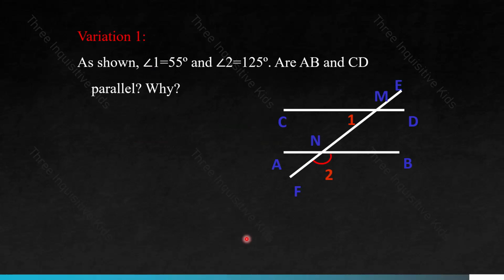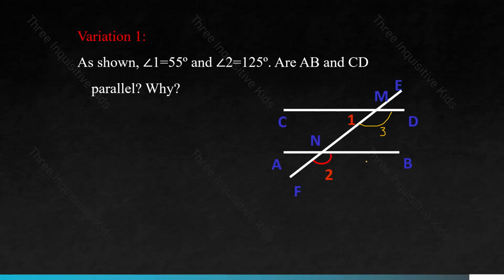Here's a variation. As shown, angle 1 is equal to 55 degrees, and angle 2 is equal to 125 degrees. Are A, B, and CD parallel now? Why or why not? Well, we can first create a corresponding angle for angle 1 or angle 2. For example, let's pretend that there's another angle 3 right here.